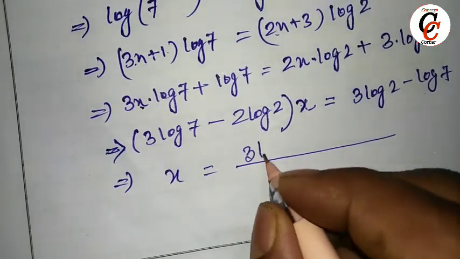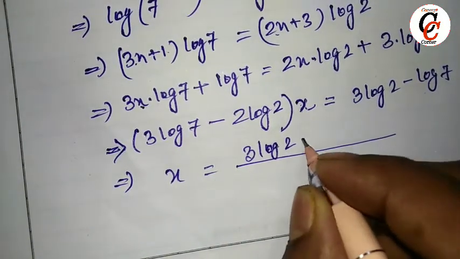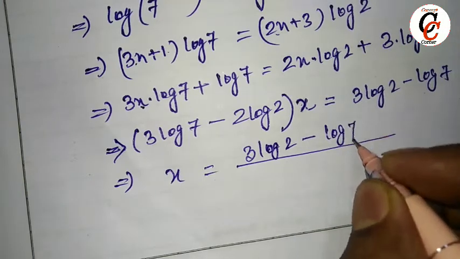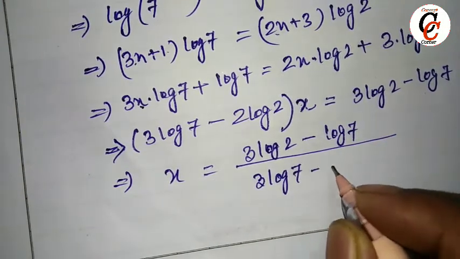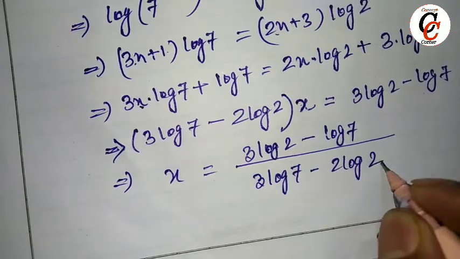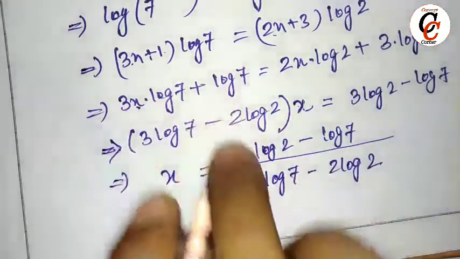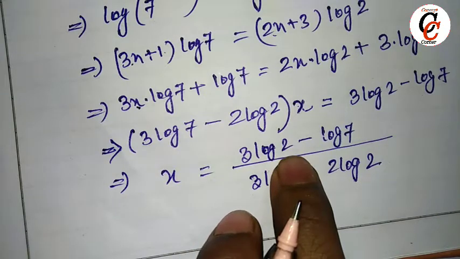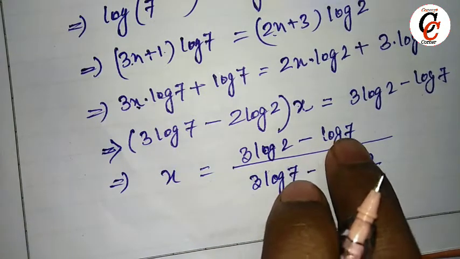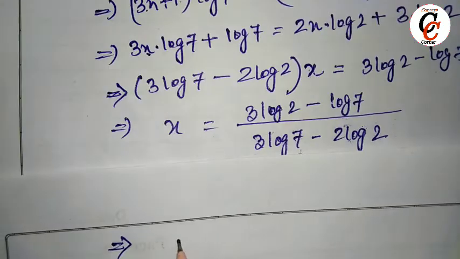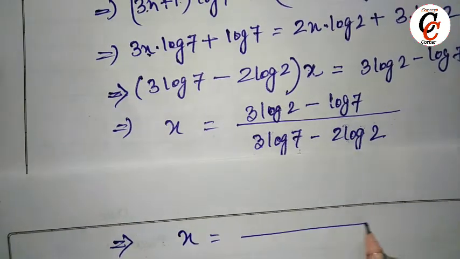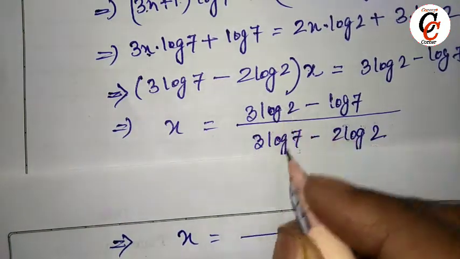If we take log 7 to this side, 3 log 2 minus log 7. So we need to find the value of x. Keep x on this side, so x will be 3 log 2 minus log 7 divided by 3 log 7 minus 2 log 2.